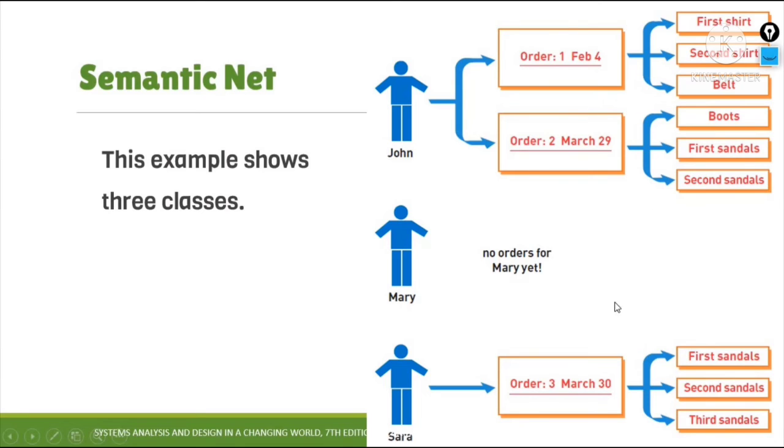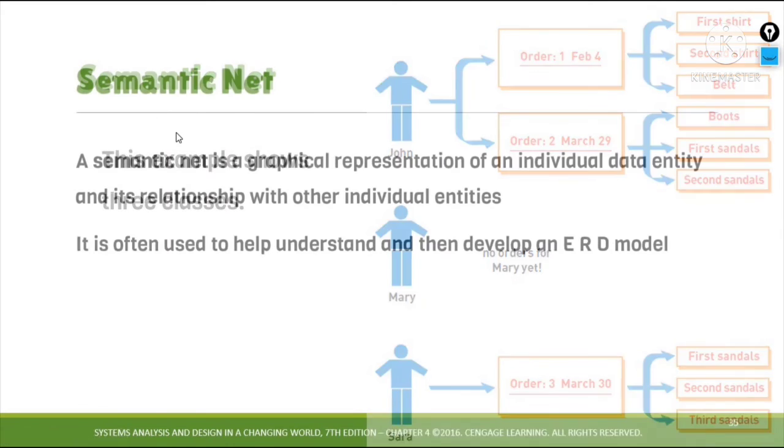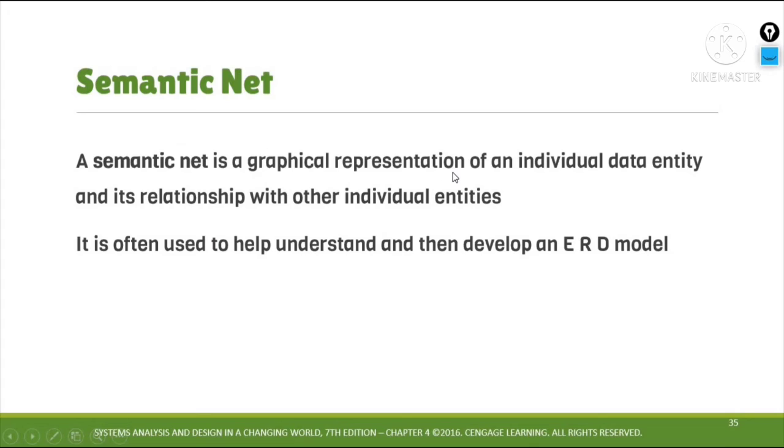So the diagram here is sometimes referred to as a semantic net. A semantic net is a graphical representation of an individual data entity and its relationship with other individual entities.